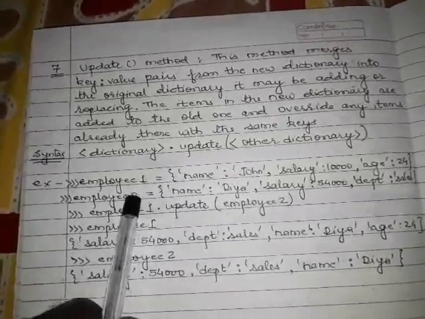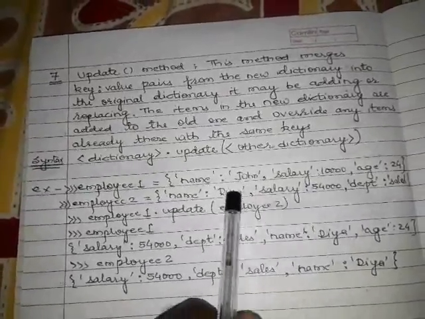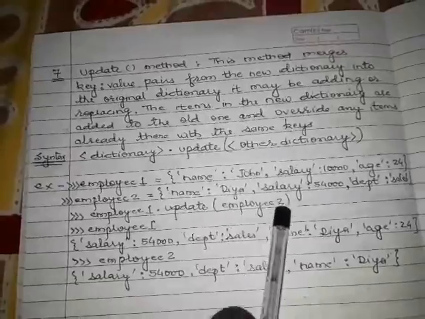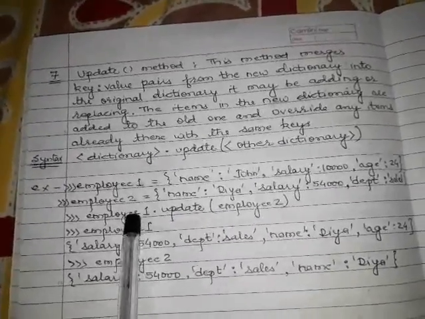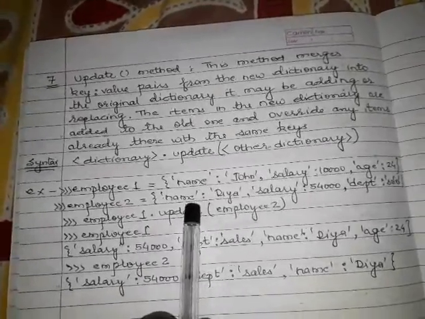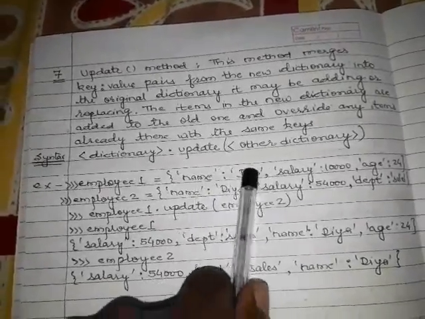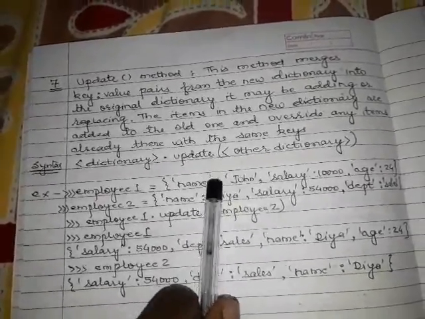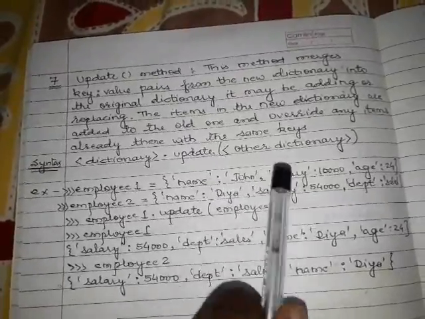It means updation will occur in employee 1, not in employee 2, but the key and value pairs of employee 2 will update this dictionary. Look at here, name is in employee 2 and name is also in employee 1, so the name is replaced. Now employee 1 contains name Dia because this replaces this value.